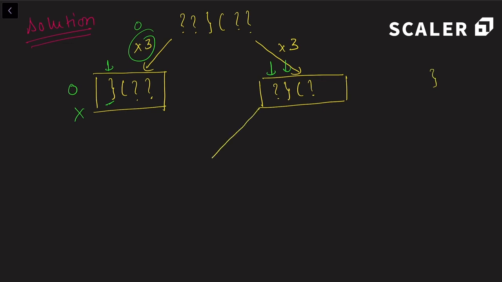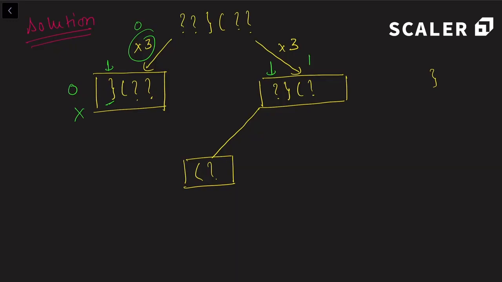So if I choose this as my closing bracket, the sub problem that I'm gonna get is parenthesis and question mark, right? Because these two are selected. Now let's say I choose this as my closing bracket. Since it is an opening bracket, I cannot do that, right? Because it will be an invalid choice. So I cannot choose this.